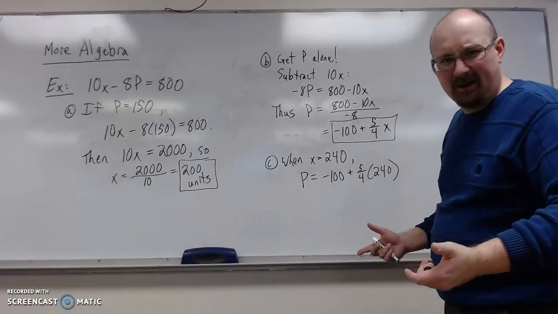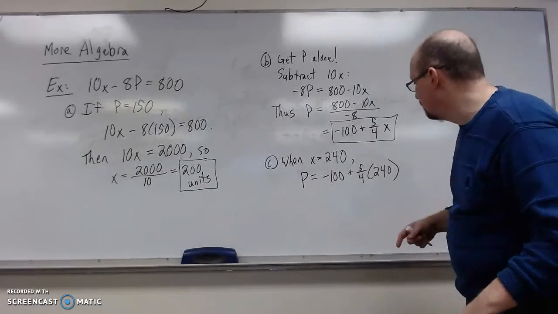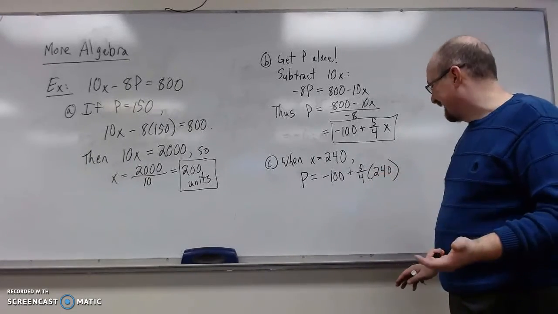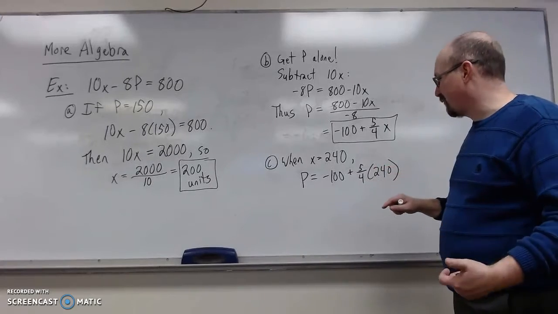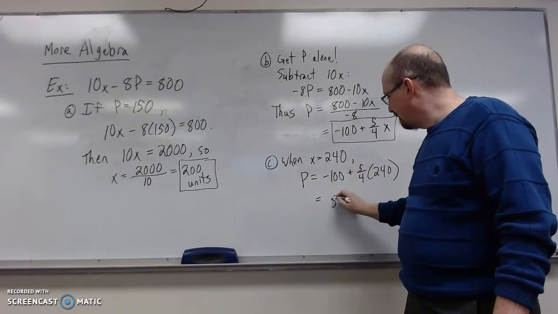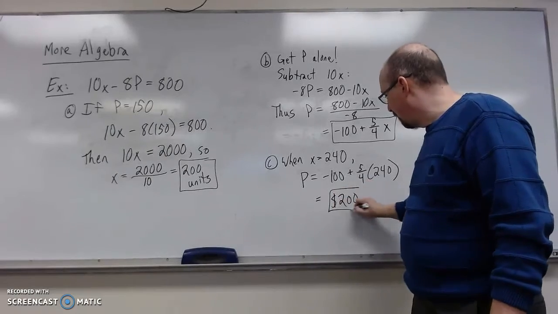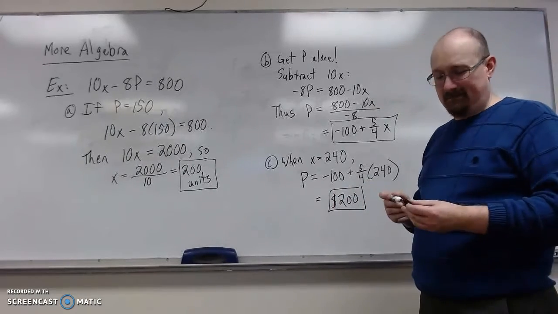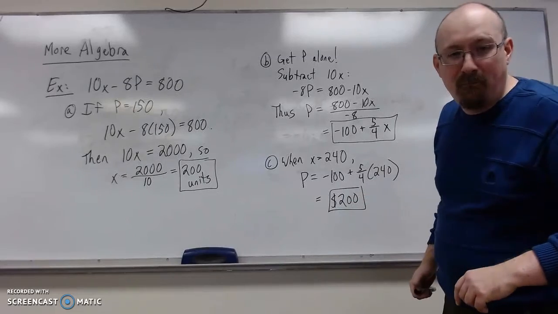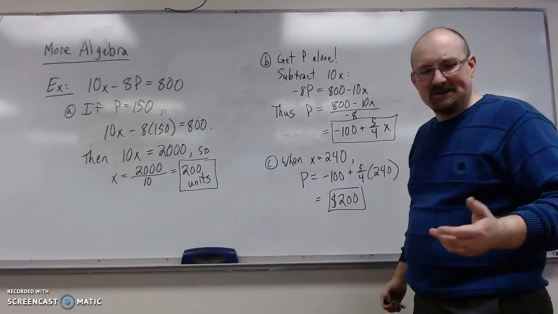If you're using a calculator, that's fine, there's no judgment here. The way I'd work this out, 240 divided by 4 is 60. 5 times 60 is 300. Negative 100 plus 300 gives a $200 profit. That's kind of what you'd hope: if we sold more things, the profit should go up.